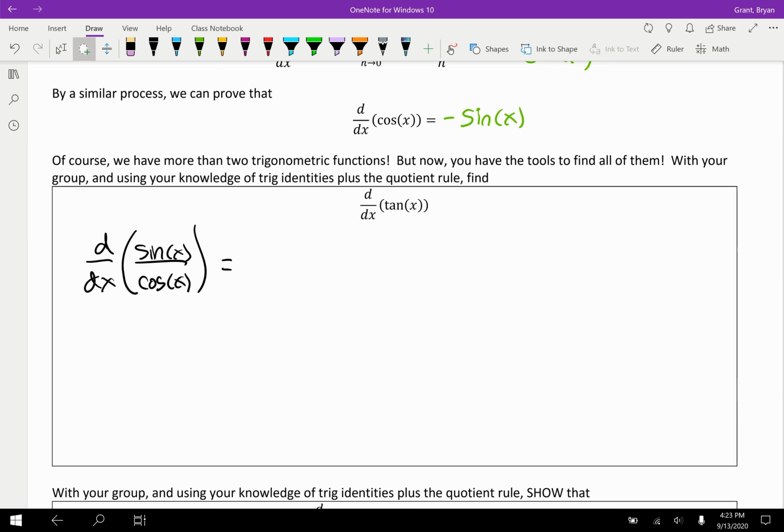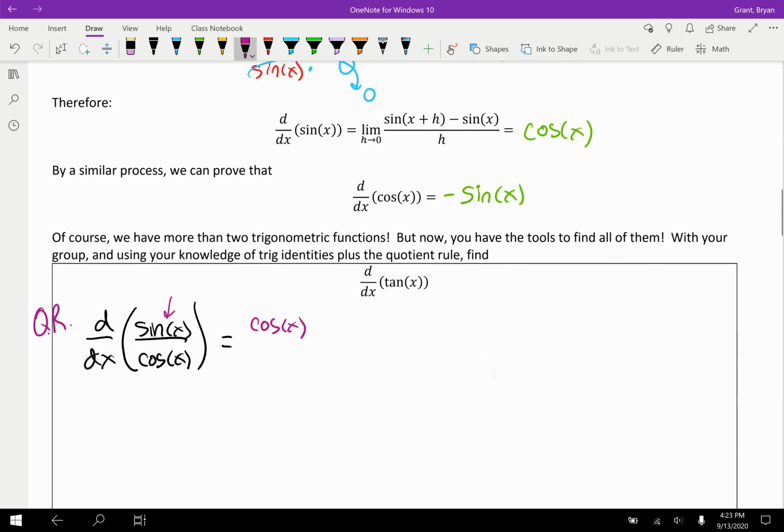Well, how do we do the derivative of this? Oh my gosh, this is the quotient rule. It's all coming together. Isn't that exciting? So let's make sure we remember our quotient rule. We do the derivative of the top function first. So the derivative of the top function, sine of x, becomes cosine of x. How did I know that? We just found that up here. And then we keep the bottom function the same.